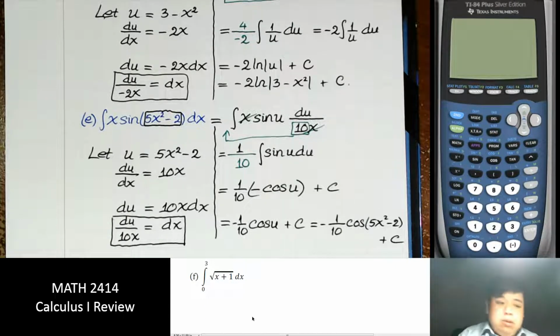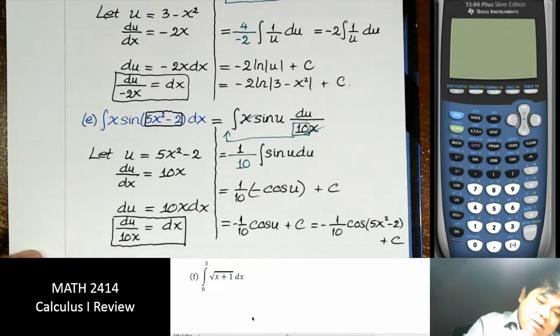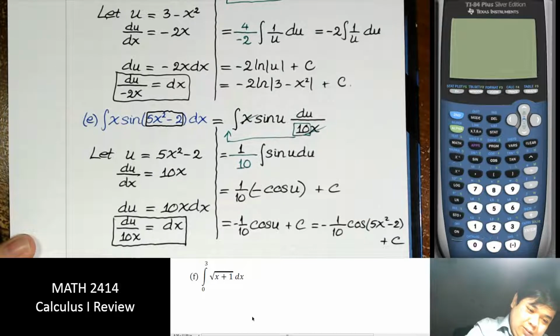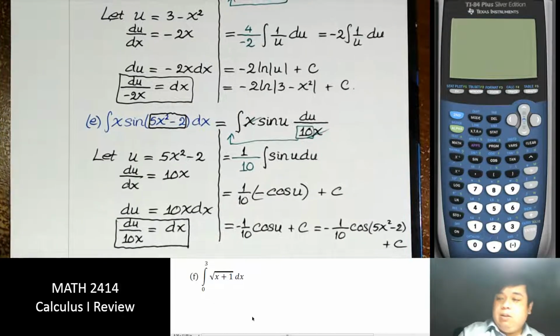Right. Now we have some definite integral. The integral with the limits. Integrate from 0 to 3 square root of x plus 1 dx.